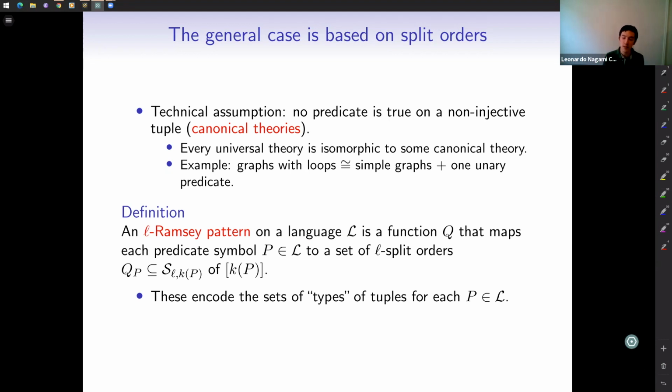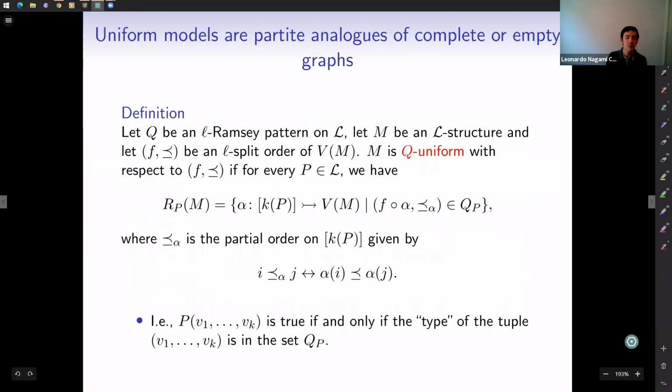So a Ramsey pattern is going to map each predicate symbol into a set of types of tuples, and these types of tuples are L-split orders of the bracket set, numbers 1 through k_P. Here k_P, remember, is the arity of the predicate. So these L-Ramsey patterns are encoding types of tuples for each of the predicate symbols. And as we saw before, these sets of types of tuples should correspond to my unavoidable models or my uniform models. So that's the next definition.